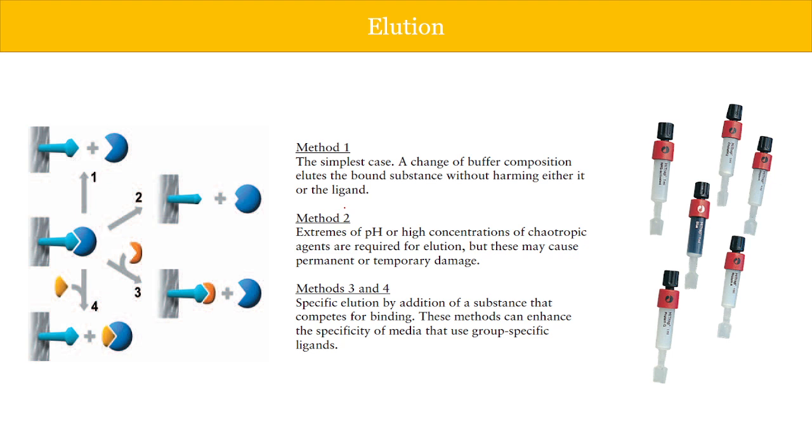But also you need to keep in mind that in these extreme conditions, or at higher concentration of this chaotropic agent, it can also affect your protein. So the best thing, and the simplest case, is changing of buffer composition.